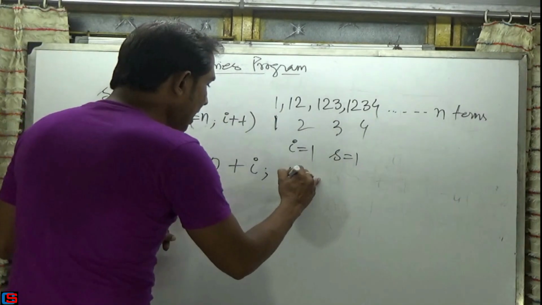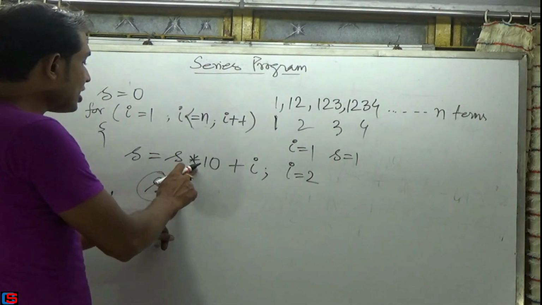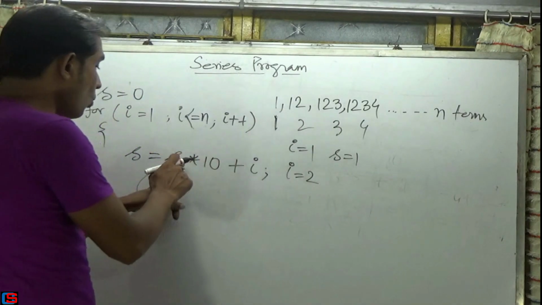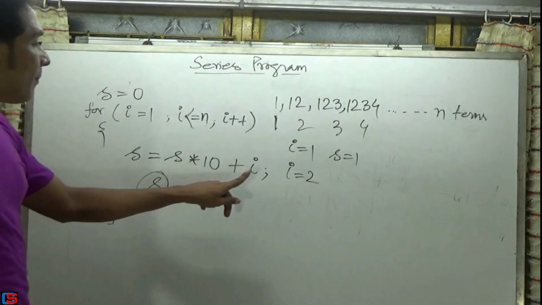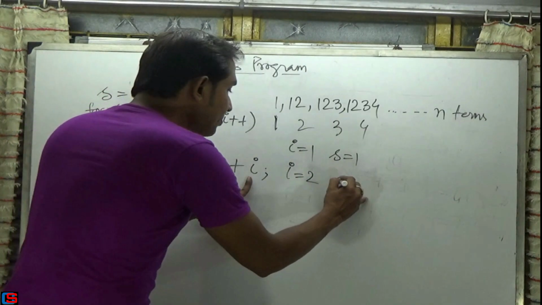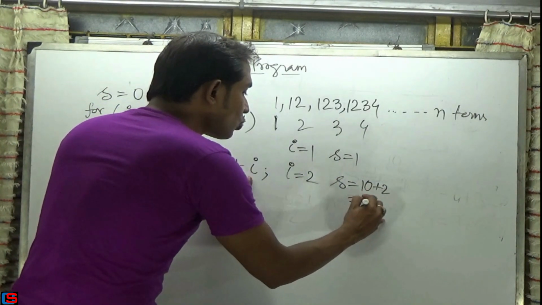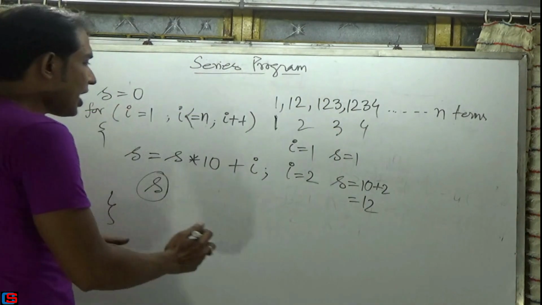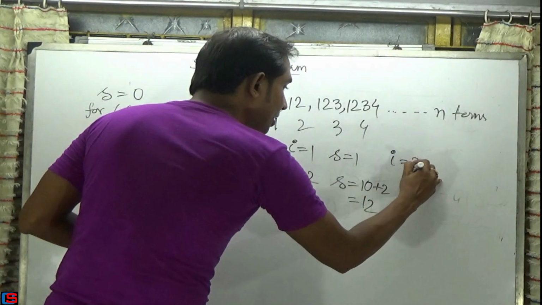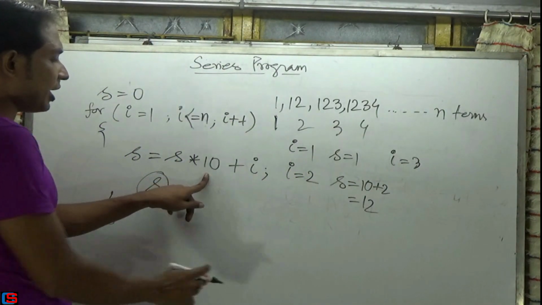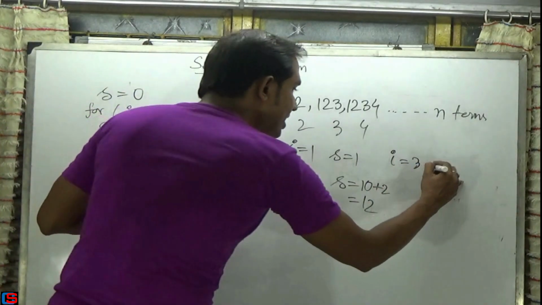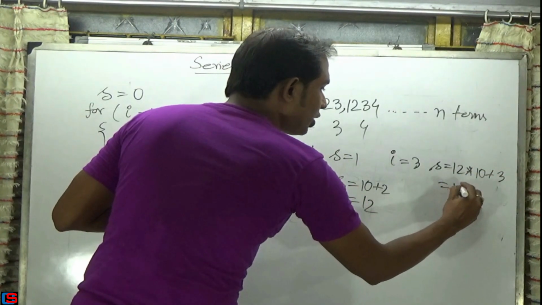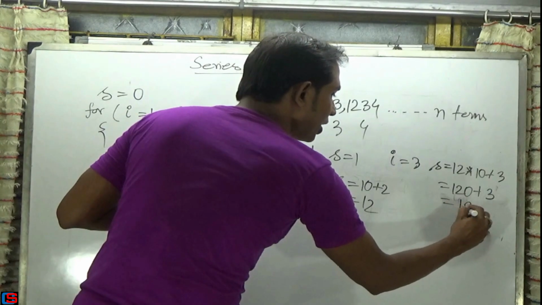Then the loop increases and i becomes 2, and then s into 10. The current value of s is 1, so 1 into 10 is 10, plus i, which is 2. So s becomes 12, and 12 is printed. Now i is increased and becomes 3. Now s equals s into 10 plus i: the last value of s is 12, so 12 into 10 is 120, plus 3, it is 123.